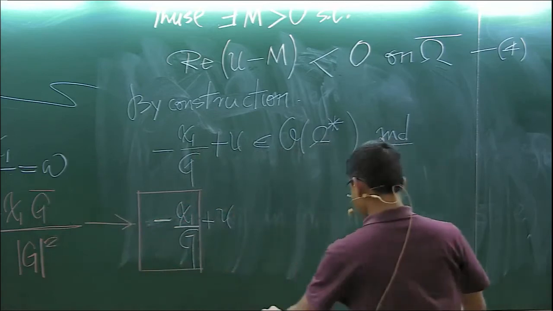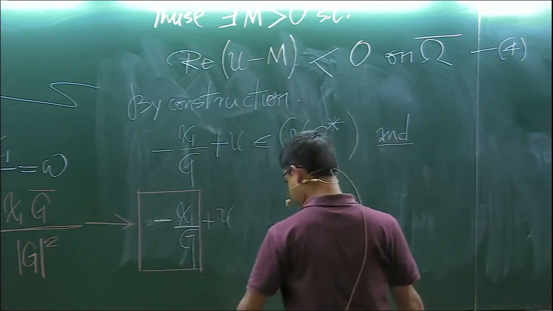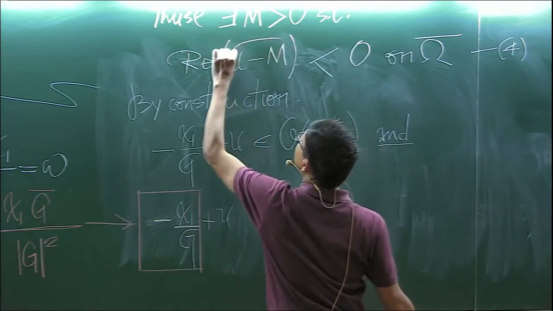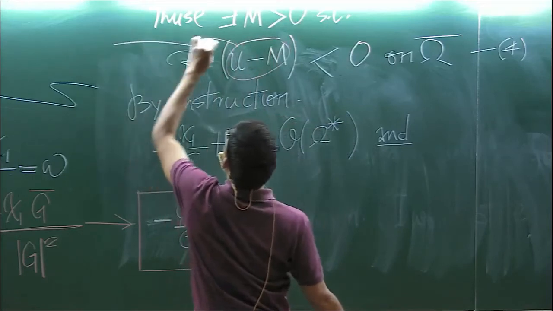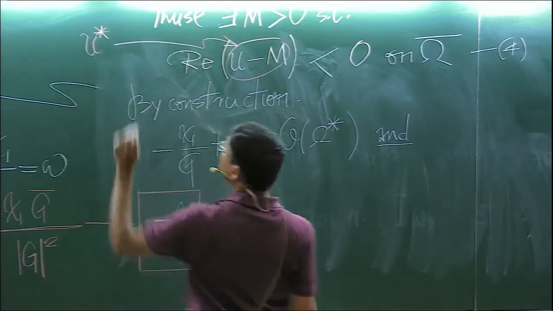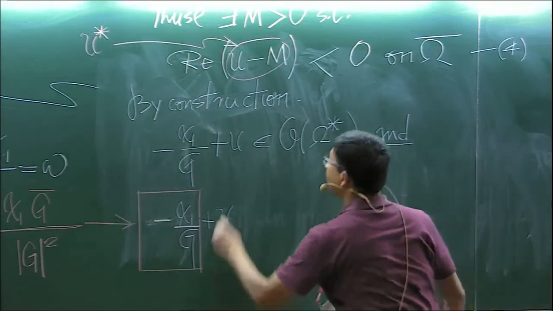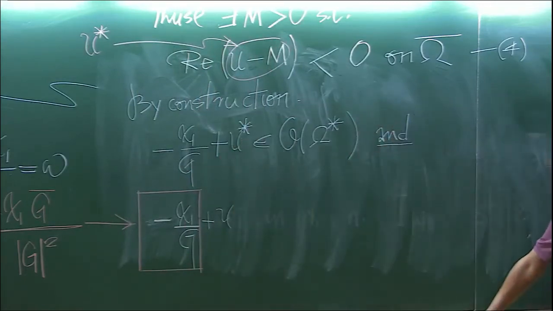And let me give a name to this. Let me call this u star. This is my new u. So I'm actually going to put a u star over here, right? The constant is just eliminated by d-bar.